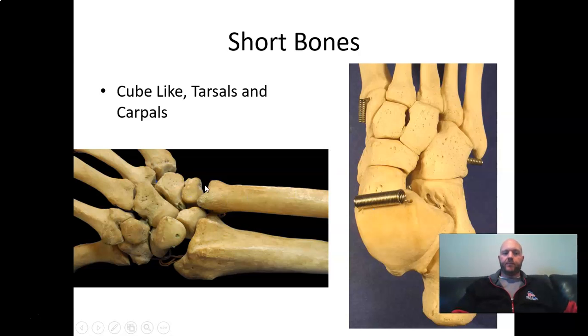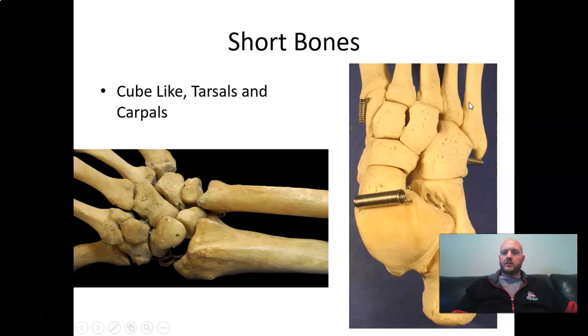Short ones, you should be able to name all of these. I feel like we're looking at scaphoid here because I can't tell from this picture, right? All of those are short in that they are just little cube-like nubs, in that there's no distinctly different region to any of these bones here, right?